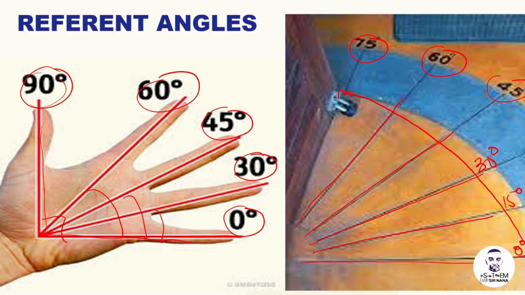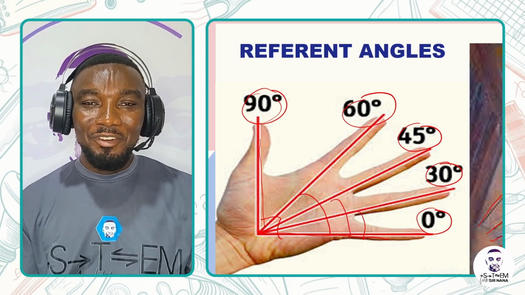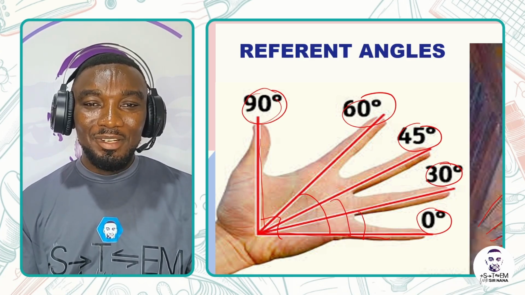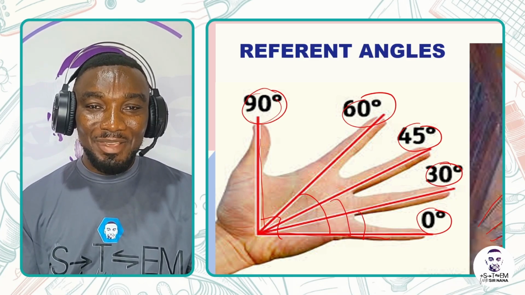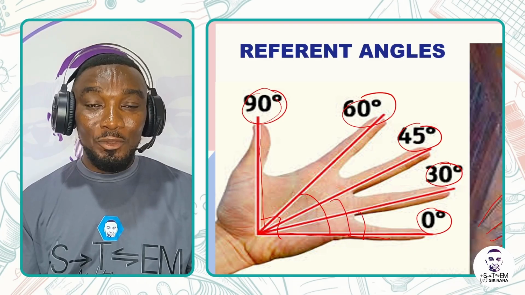So these are things that we can relate to when we are talking about angles, and that is what we call the reference for angles. So for instance, when you are climbing stairs, you could see that you'll be climbing 90-degree angles from time to time. So in this lesson, we've basically considered reference for angles, and we've looked at the definition for angles. We've mentioned that for reference for angles, we are looking at things around us that we can relate to when we are talking about angles.